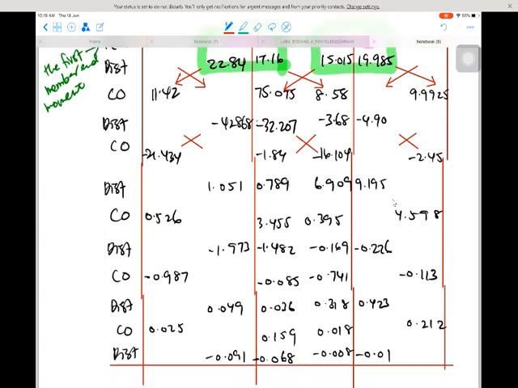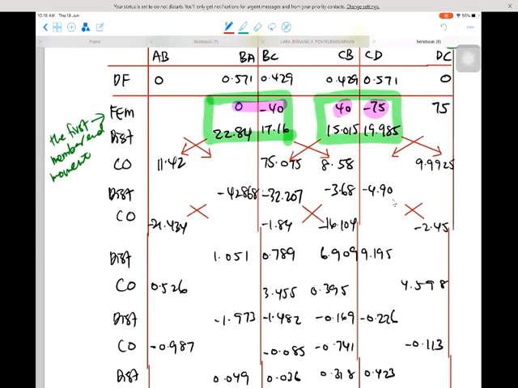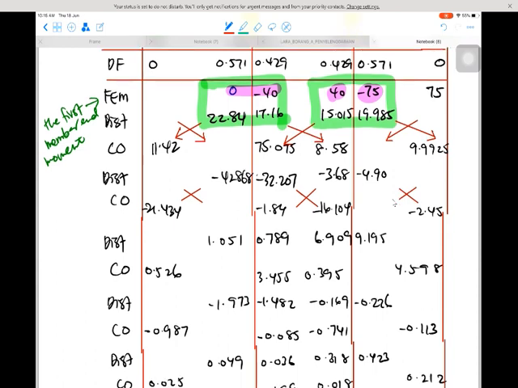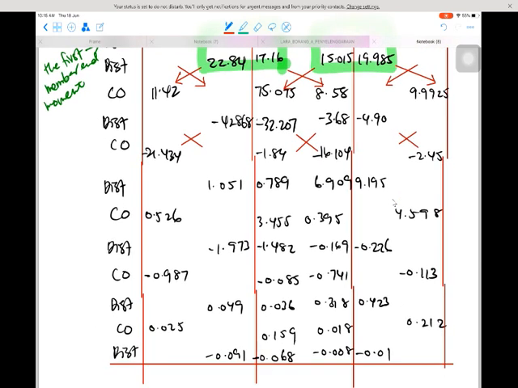So I want to total all the moment values in this table. All these values are moment values except the distribution factor, because the distribution factor is not a moment. So we have to total all of this.